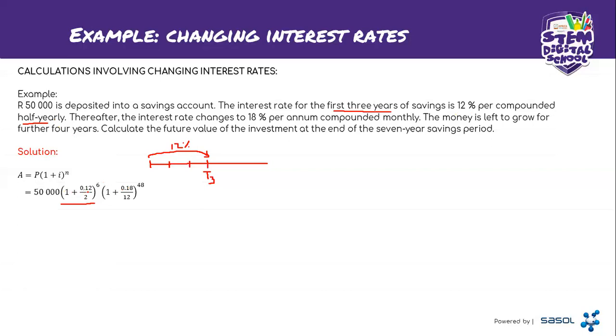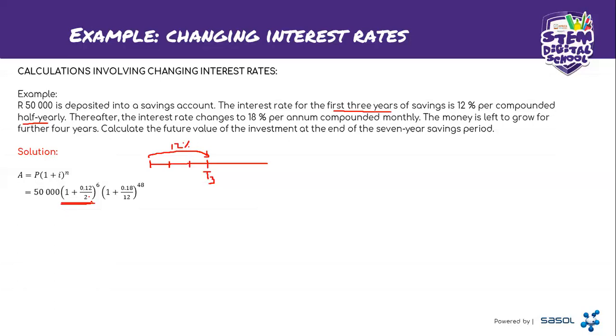Hence we divide this interest by 2, right? Now it said for the first 3 years, and then we said 3 times 2, compounded half yearly, which is 6. So I want to explain the first bracket there. All right, that is the first bracket. First 3 years is 12% compounded half yearly.